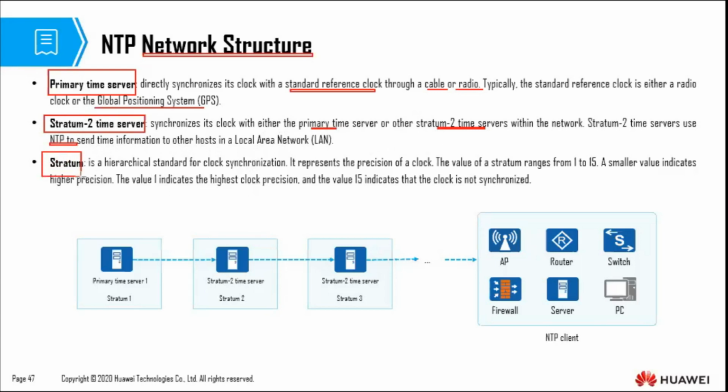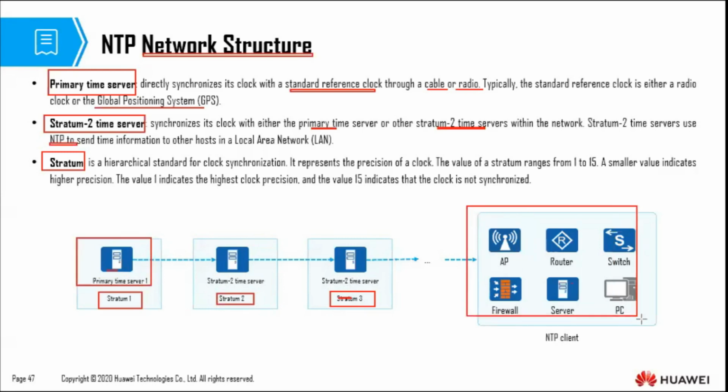Then we have Stratum. Stratum is a hierarchical standard for clock synchronization. As you can see here, we have the primary time server, Stratum 1, then a Stratum 2 time server, Stratum 2, Stratum 3, another Stratum 2 time server. So it's shared hierarchically: this one is the most trusted and most accurate, and then they can share with the others before it gets to the clients.